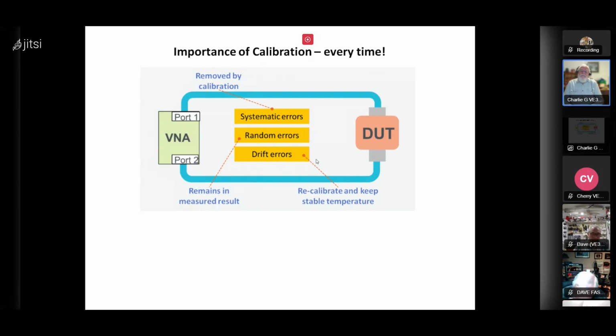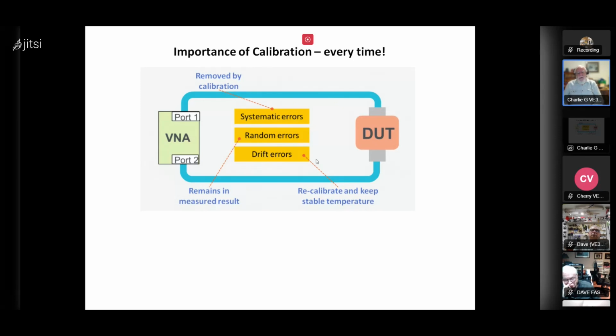Those get removed with calibration. There are also random errors, which could be noise related or data hiccups. Those don't get removed by calibration. They remain in the result no matter what. But if there are three categories, then at least 60% of your errors get removed just by doing a calibration before you attempt to take a measurement.